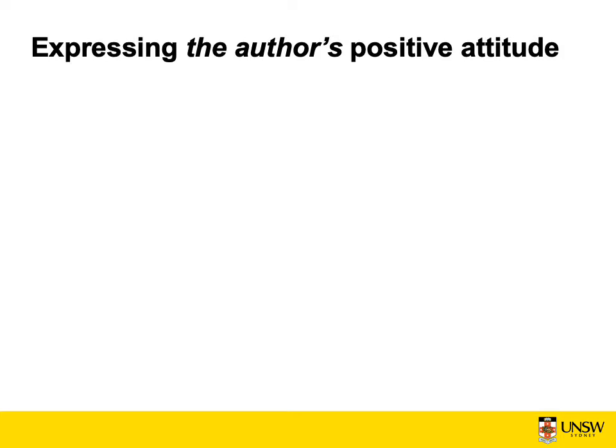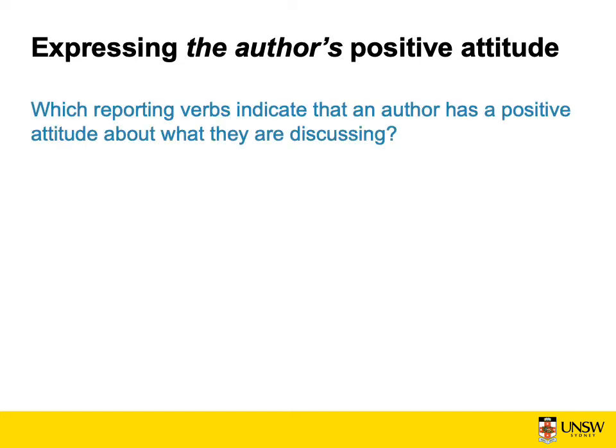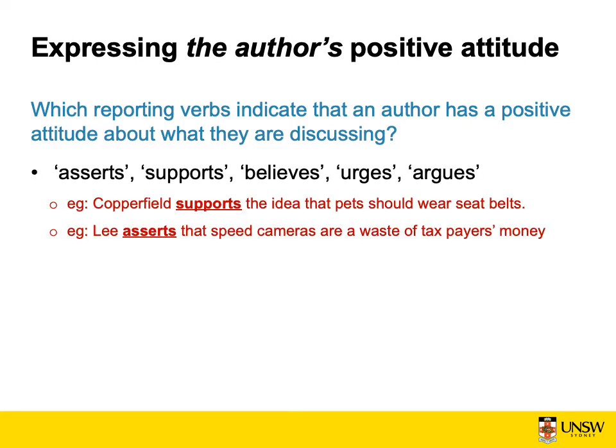Okay, now we're going to look at some examples of expressing the author's positive attitude. Again, I'm going to ask you to jot down which reporting verbs indicate that an author has a positive attitude about what they are discussing. You might have put asserts, supports, believes, urges, and argues.